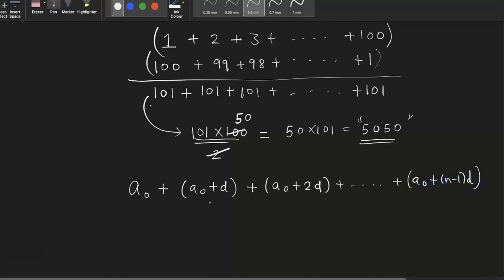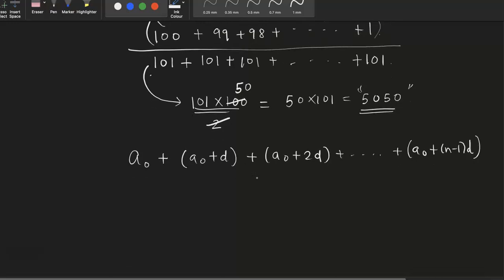As I told you, the nth term is going to be a0 plus (n minus 1) into d, right? Now again, write the same series in the opposite, reverse way. So it is a0 plus (n minus 1)d, and so on, up to a0.